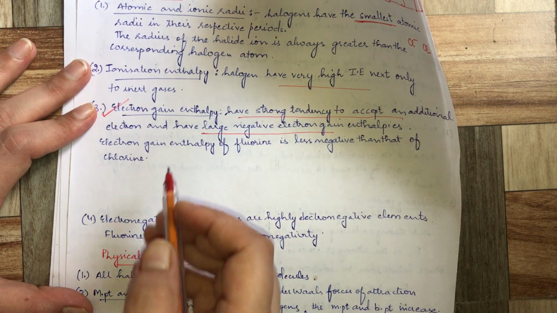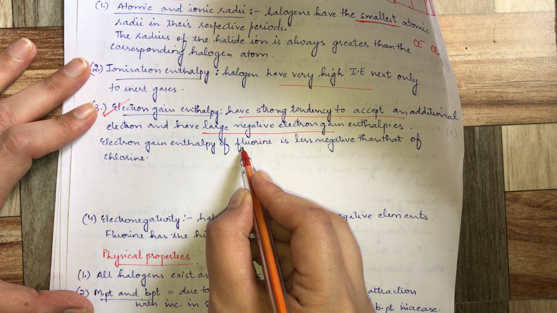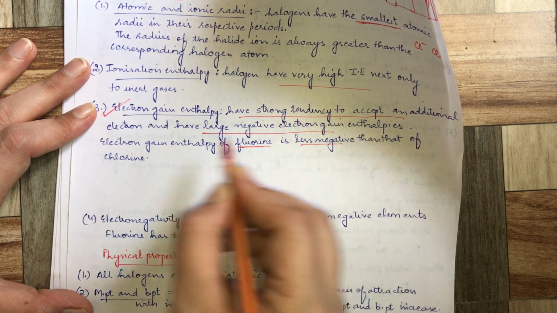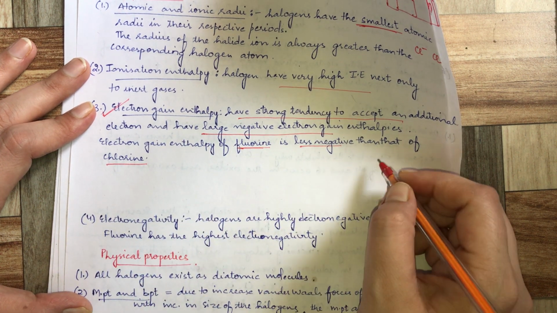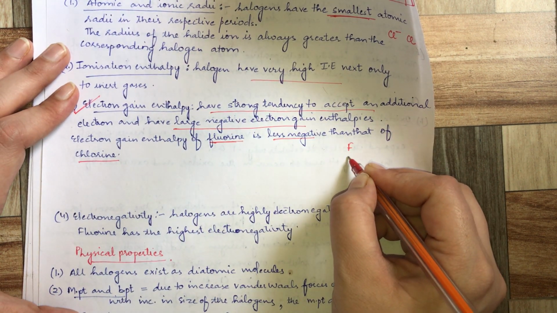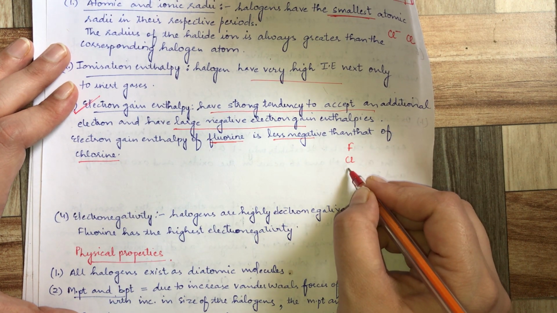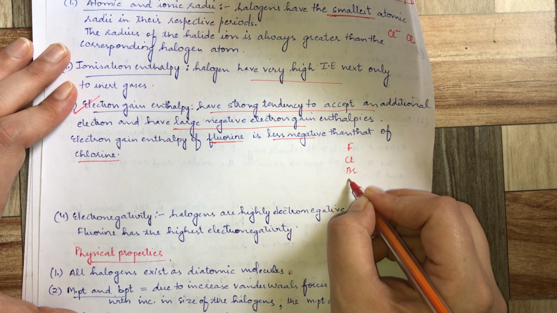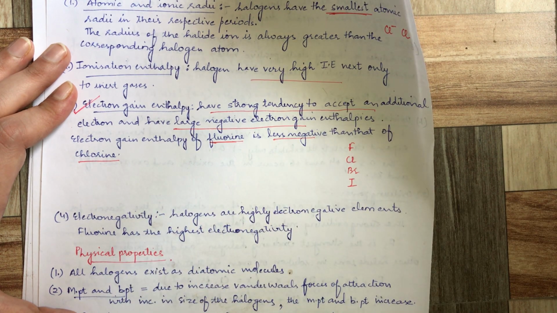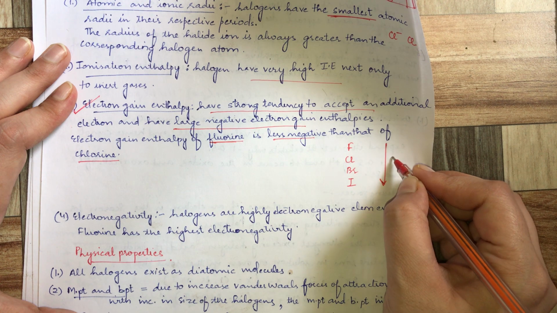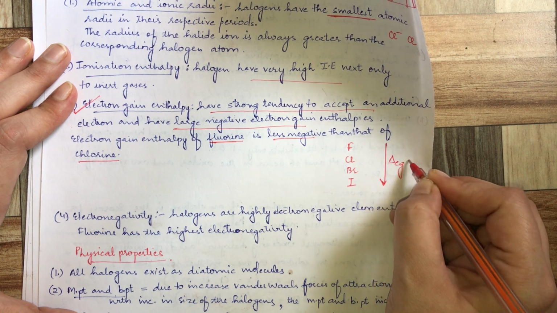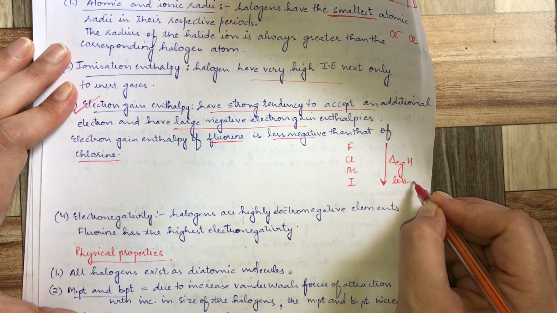But there is an exception. The electron gain enthalpy of fluorine is less negative than that of chlorine. It's similar to oxygen and sulfur. As we move from fluorine to chlorine to bromine to iodine, in general, as we move down the group, the electron gain enthalpy becomes less negative.